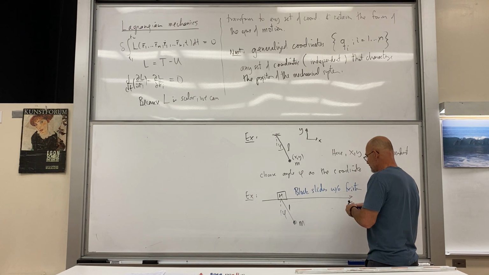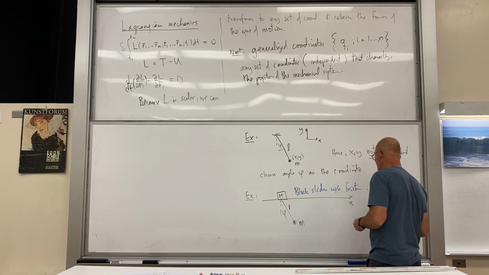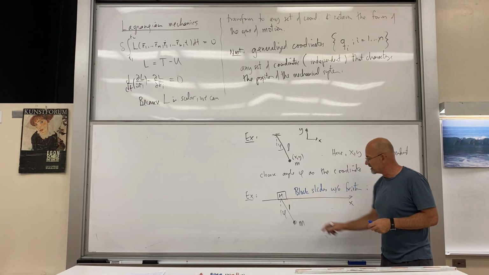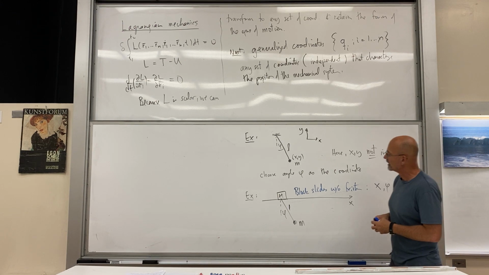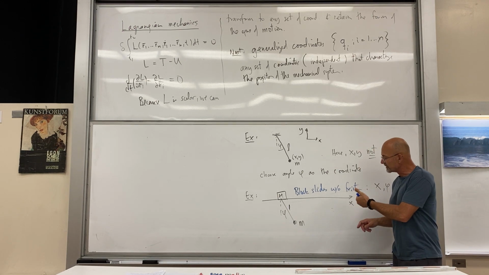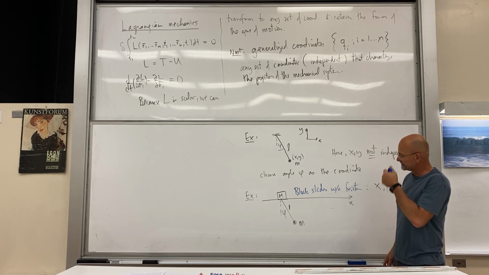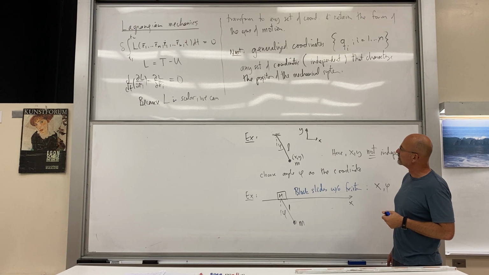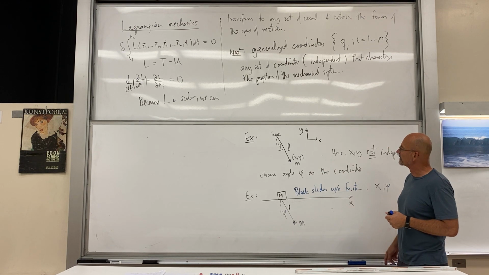So then our generalized coordinates would be x and phi, and x could be a position on the x-axis there. Okay, so this is an example where you can mix up Cartesian coordinates and angular coordinates in a way we haven't done before. So this will be a system that we actually deal with later on in the semester.